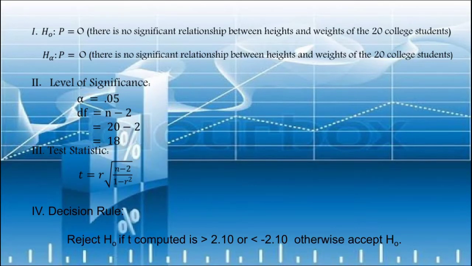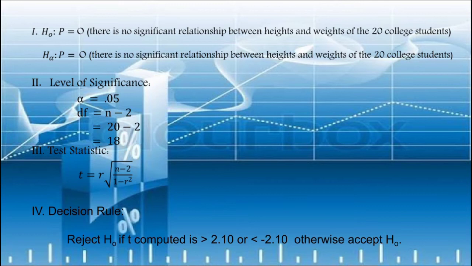First, our null hypothesis: rho is equal to 0. There is no significant relationship between heights and weights of the 20 college students. Then, the alternate hypothesis: rho is not equal to 0. There is a significant relationship between heights and weights of the 20 college students.